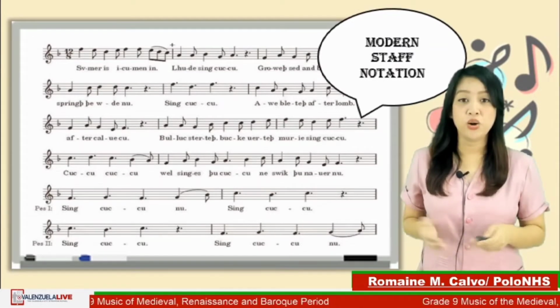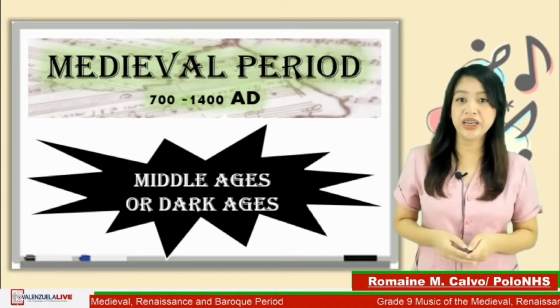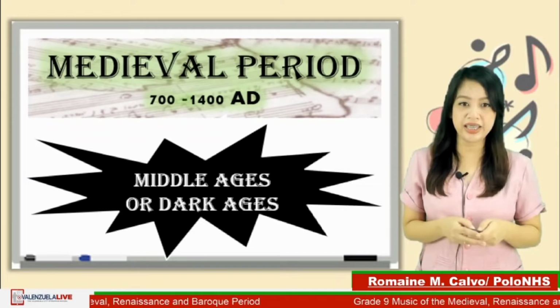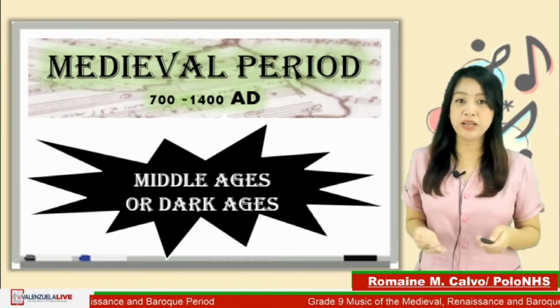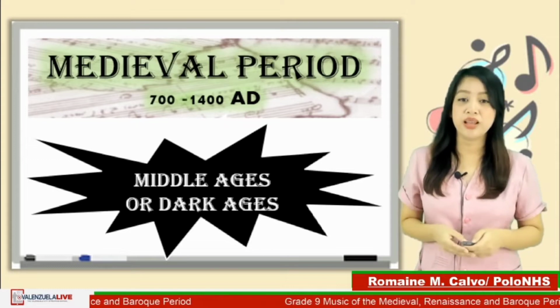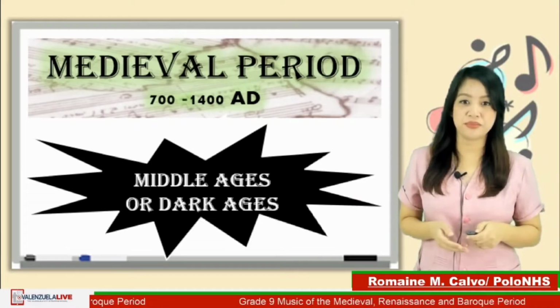Now, what is the medieval period? It started in the year 700 to 400 AD, where the fall of the Roman Empire began and early modern Europe arrived. That's why it is called the Middle Ages or Dark Ages.